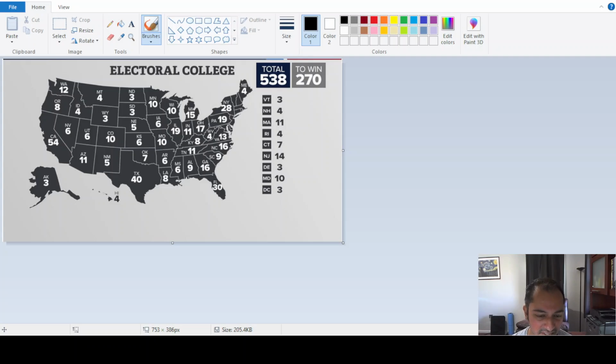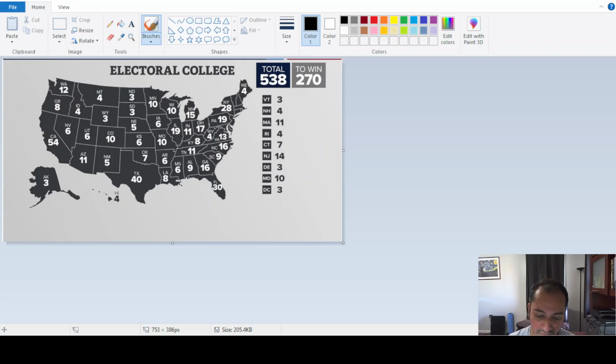So now the question is, when I cast my ballot, my vote, how does it contribute to the selection process? Each party, that is the Republicans and Democrats, assigns electors to represent each of these states.